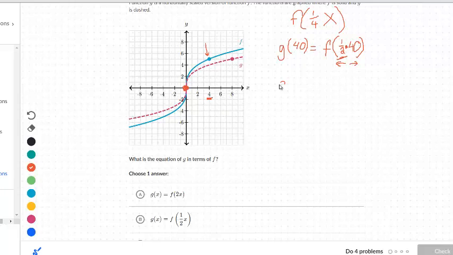Our g at 8 is our f function with some kind of scalar, but we still have to have that 8 going on here. Our x's have to be the same. And so we're multiplying it by some kind of scalar that's happening here. I don't know what that scalar is, so I'm just going to call it letter C for right now.